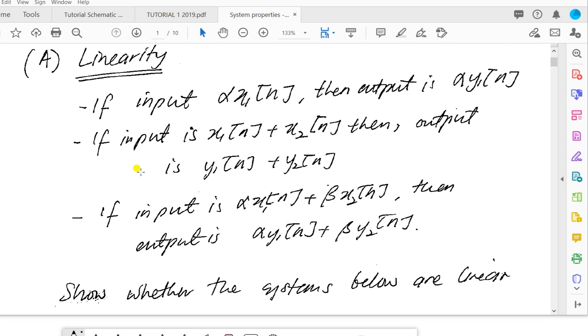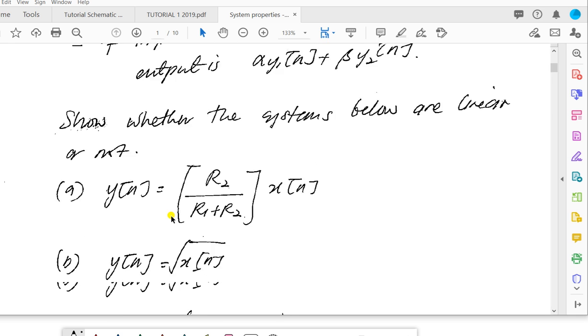If an input is x1[n] plus x2[n], then the output will be y1[n] plus y2[n]. If input is alpha x1[n] plus beta x2[n], then you have alpha y1[n] plus beta y2[n]. In the lecture slide, we just use this particular second test.